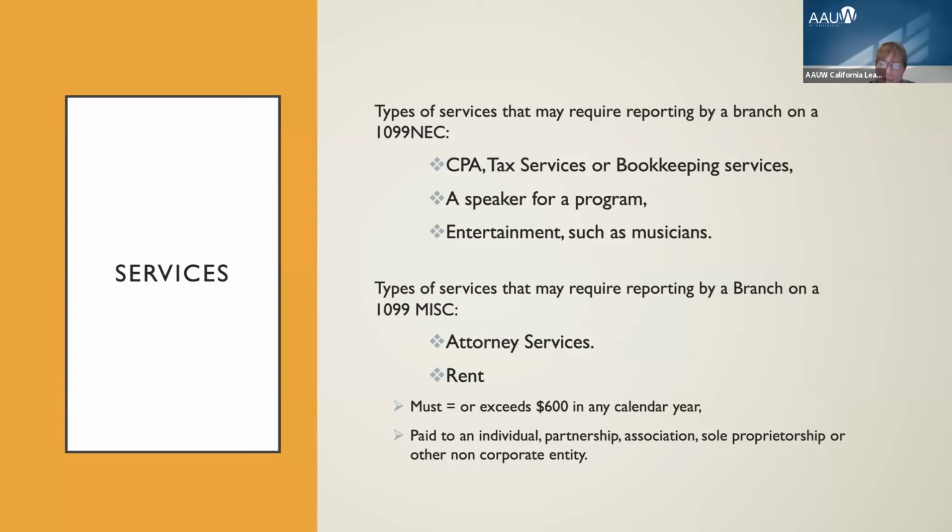You would then be issuing a 1099, and that's on the 1099 NEC, that's non-employee compensation. This is relatively new. Some of these things used to be on the 1099 MISC, but now they're on this separate type of 1099.